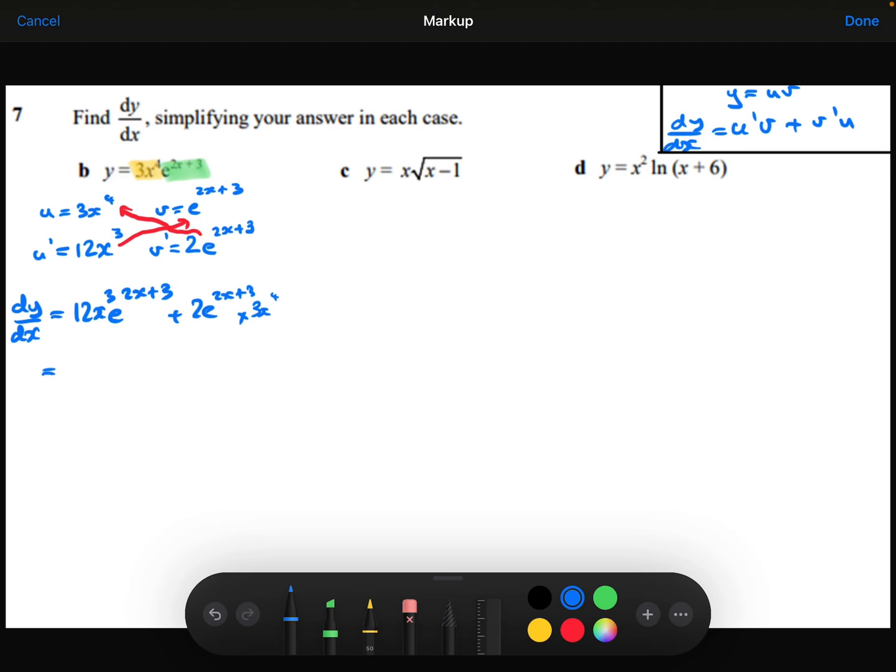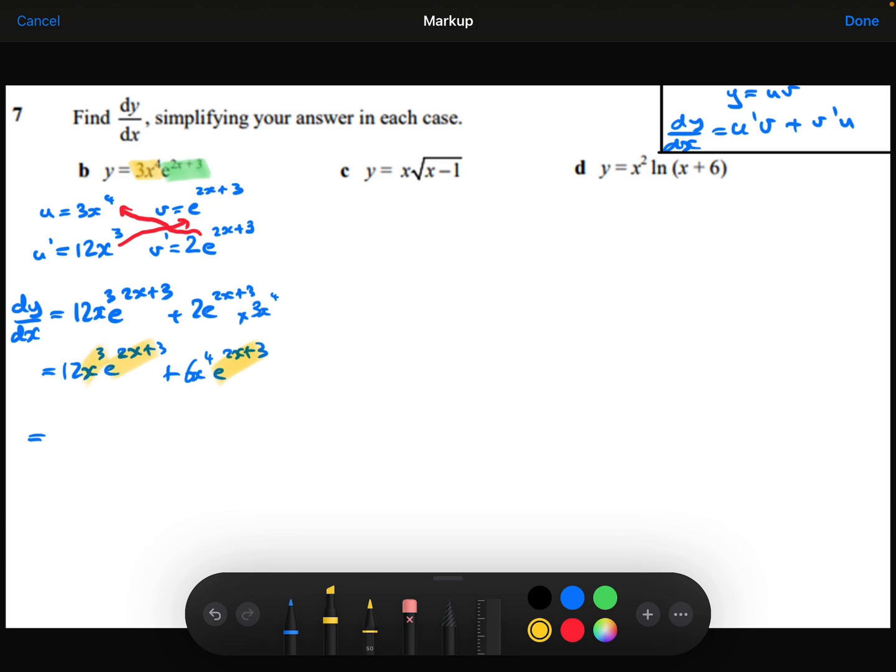And just simplifying that a little bit. And then the 2 times the 3x to the power 4 is going to be 6x to the power 4. And we could leave our answer like that. Or we could do a little bit of factorizing here because we've got several things that are in both terms. We've got the e to the power 2x plus 3 that's in both of these terms here.